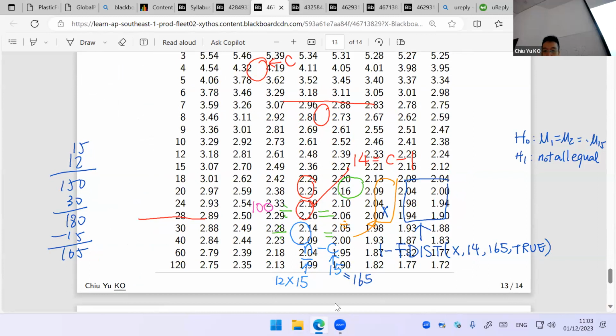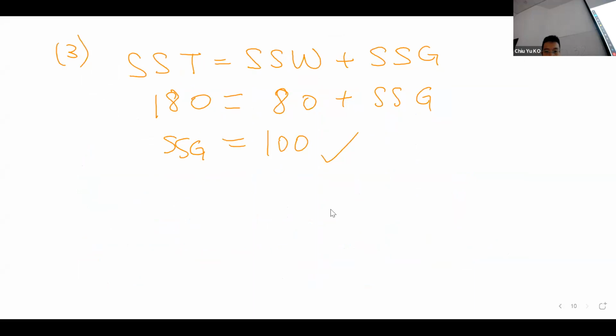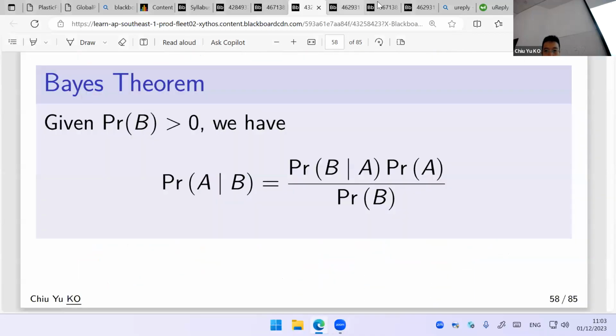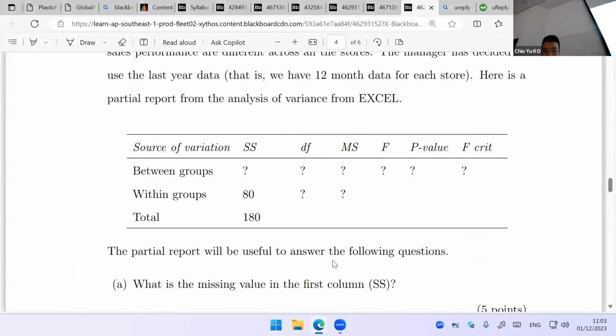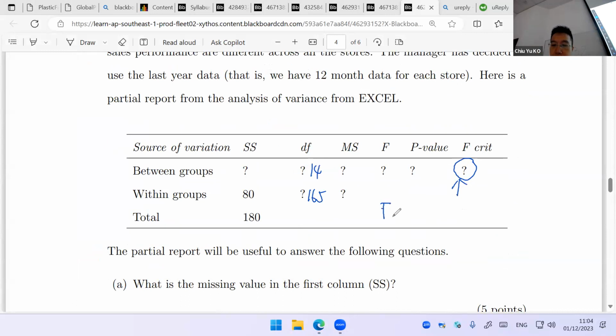The critical value will be F inverse, use 5%, so it's 0.95, 14, 165.